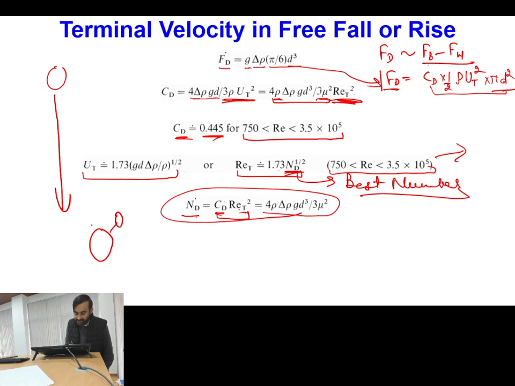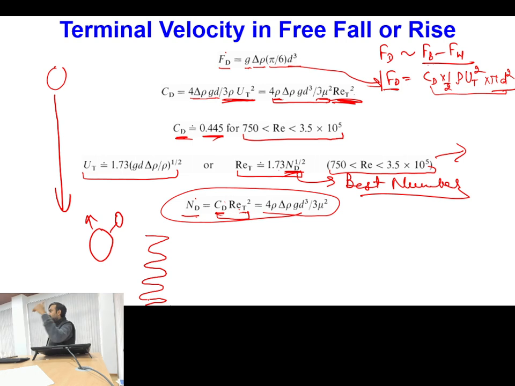Because of this vortex shedding, it will not have a straight vertical path in a certain range of Reynolds number. It will have this type of zigzag path. Once you have this zigzag path, there will be an enhancement in the drag force and a decrease in the terminal velocity.